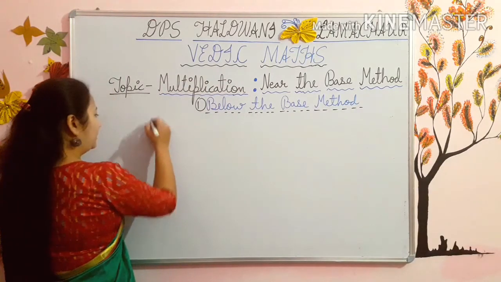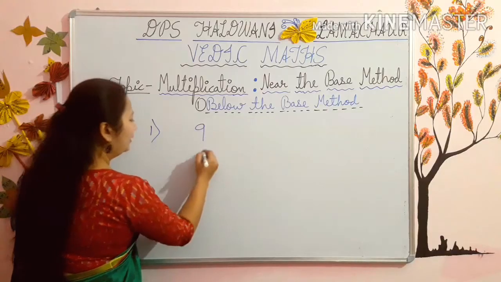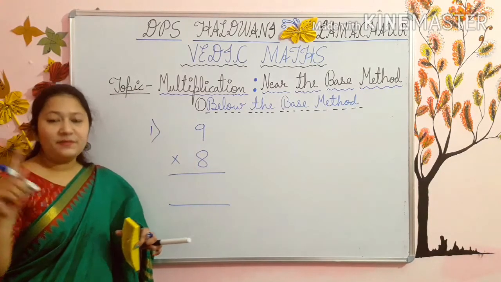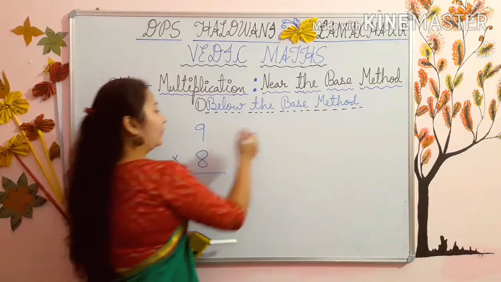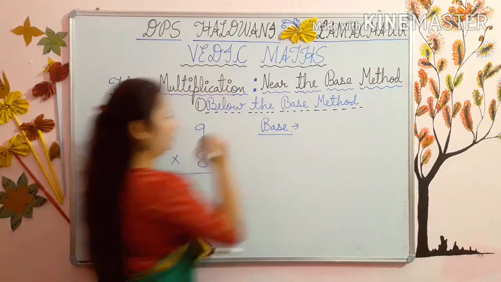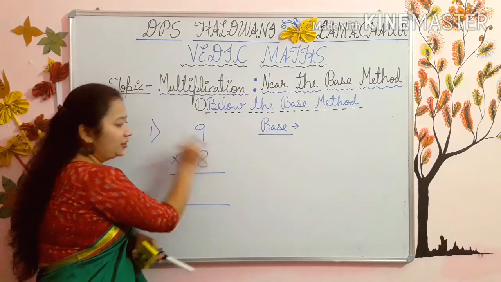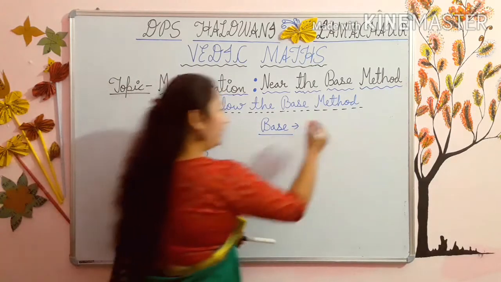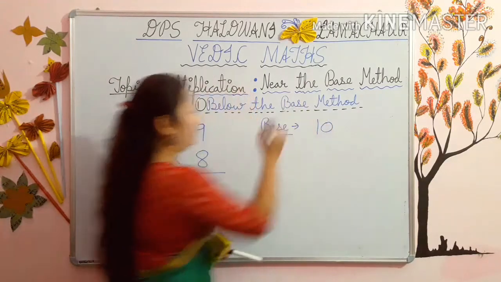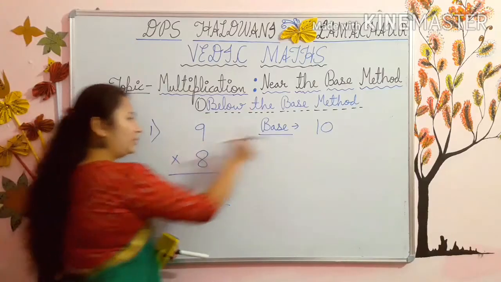Our first sum is 9 times 8. Now the first step is we have to take the base. See, it is a one digit number, so your base should be one digit, meaning 1 and one zero will be there. One digit, 1 zero.